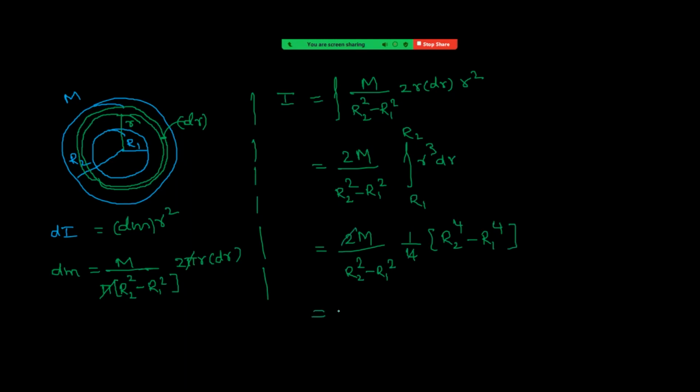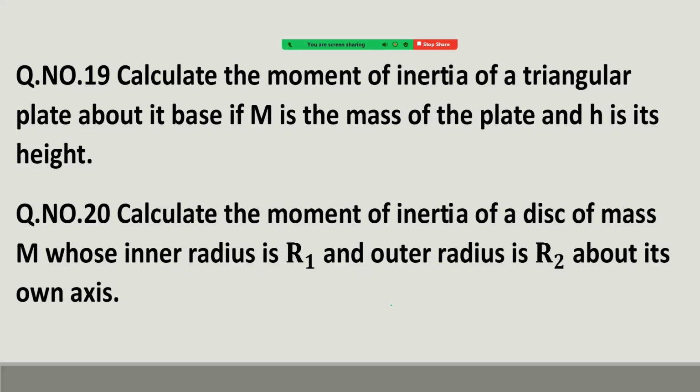And the 1 by 2 gets cancelled. This is equal to M into r1 square plus r2 square upon 2, right? So this I have taken as r2 square plus r1 square into r2 square minus r1 square. Okay, this is the final result: M by 2 into r1 square plus r2 square. Right, let us see the next one.